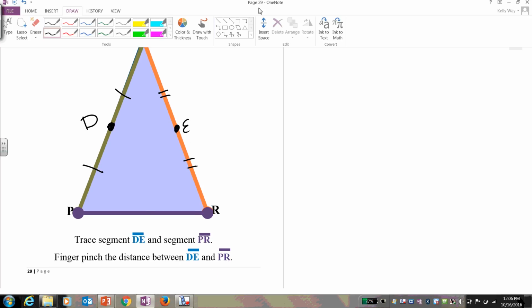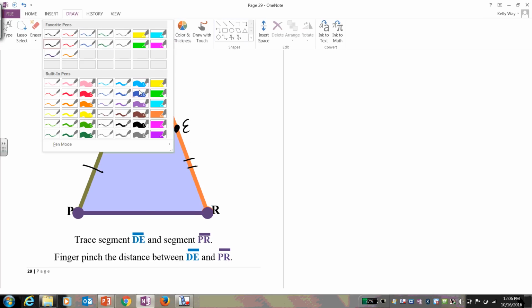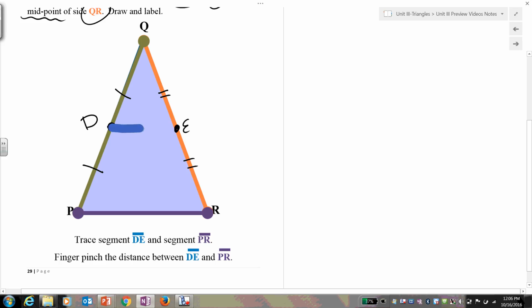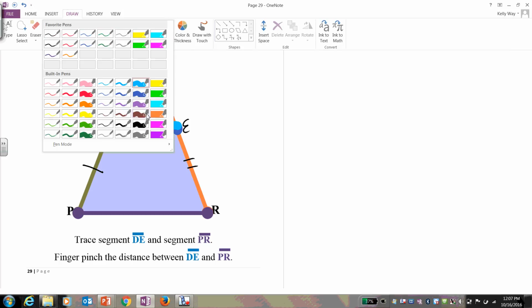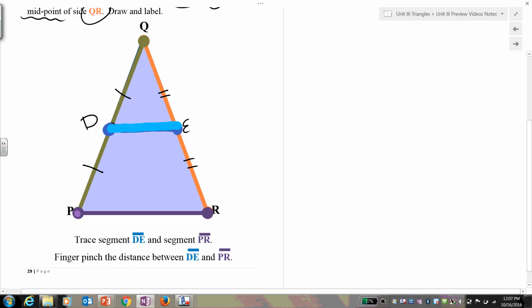Now we're going to draw a segment that connects D to E. Now I'd like you to physically trace DE, and now I'd like you to physically trace the side it's parallel to, which is PR. Trace those two segments.